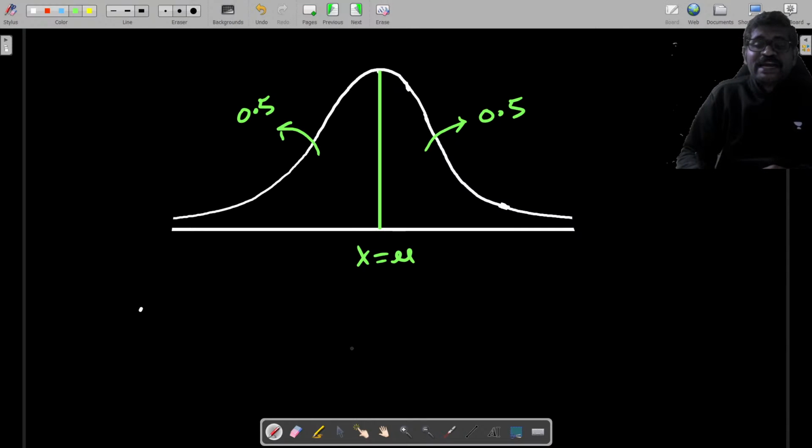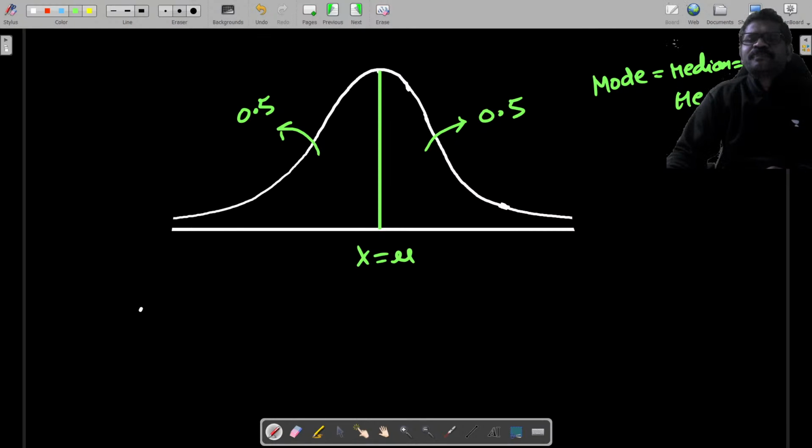So the mean, median and mode of a normal distribution are always equal. Mode is equal to median equal to mean. That is the speciality of the normal curve.